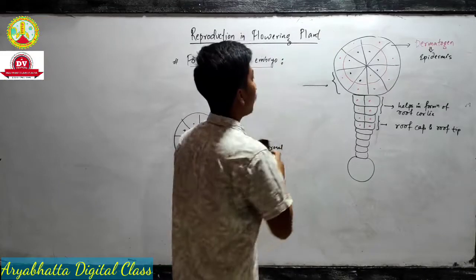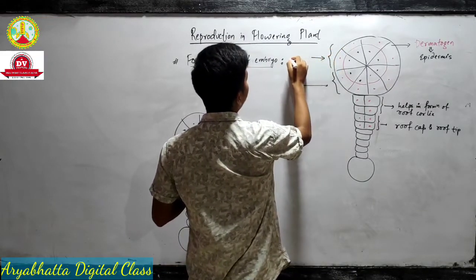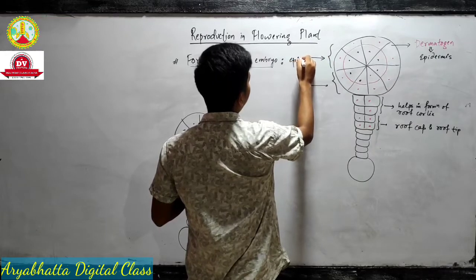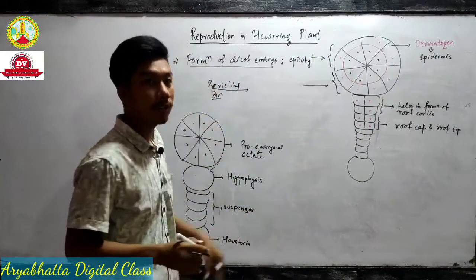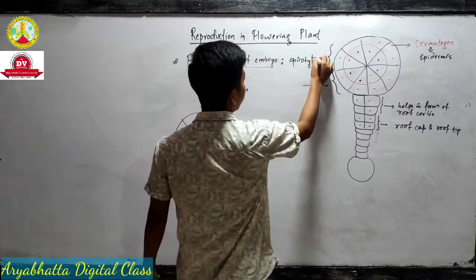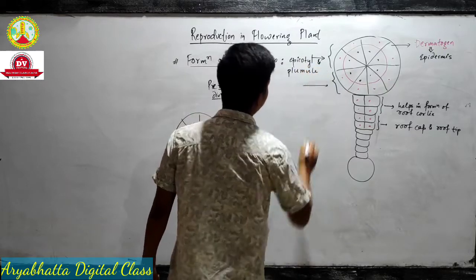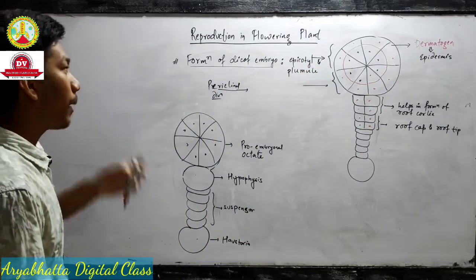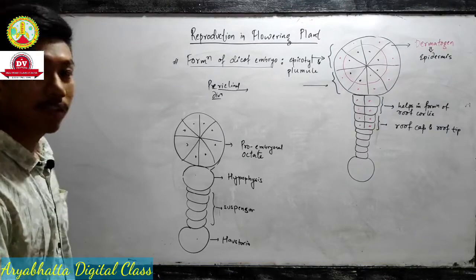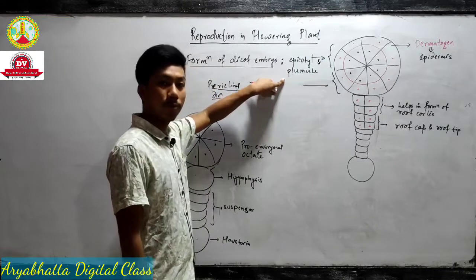The upper half region gives rise into epicotyl and plumule.